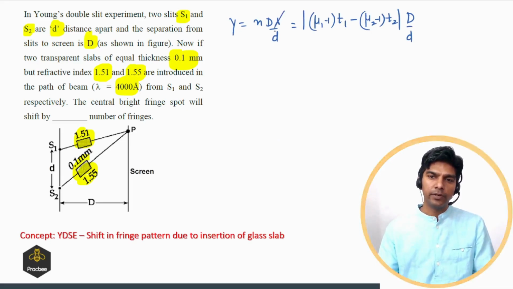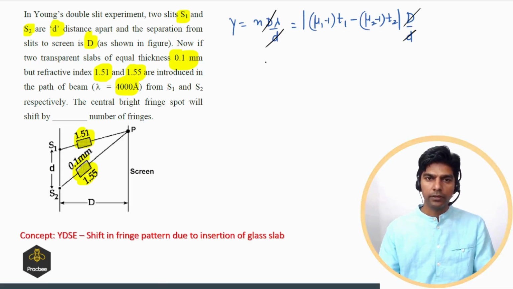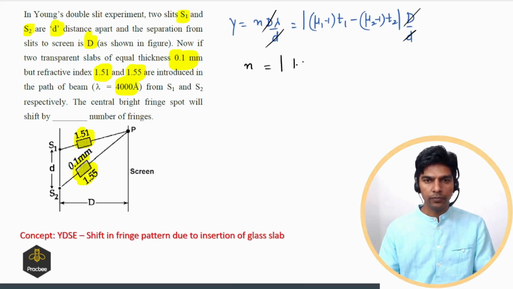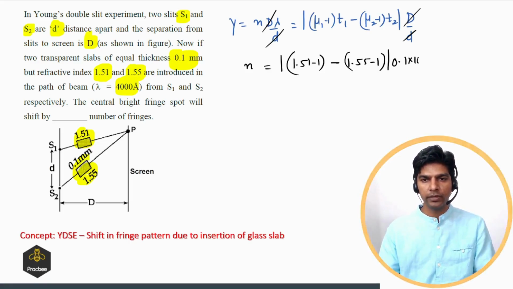Now from this, capital D and small d can be eliminated and we have to find n. n will be modulus of mu1 minus 1, mu1 is 1.51 minus 1, t1 is 0.1 into 10 raised to power minus 3, minus 1.55 minus 1, and I'm taking 0.1 into 10 raised to power minus 3 out, divided by lambda.